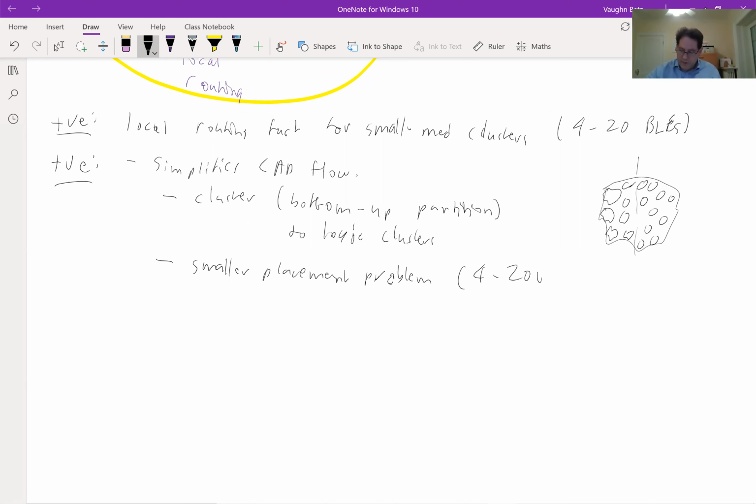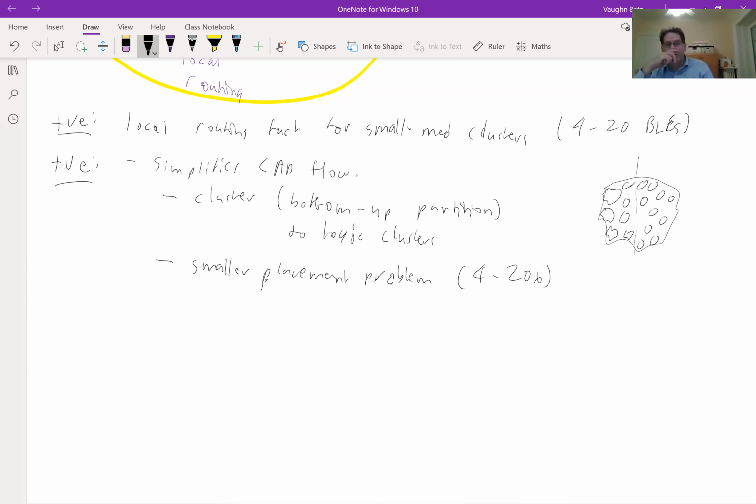So we can cut the size of our placement problem by 4 to 20 times, which can speed up our placement engine. And placement tends to be the most difficult and most time-consuming part of the FPGA CAD flow. So speeding it up is very useful. For large FPGA designs, the CAD flow takes hours to even sometimes days. So it is an issue, and the issue is for the biggest chips. So if we can shorten this, this is good.